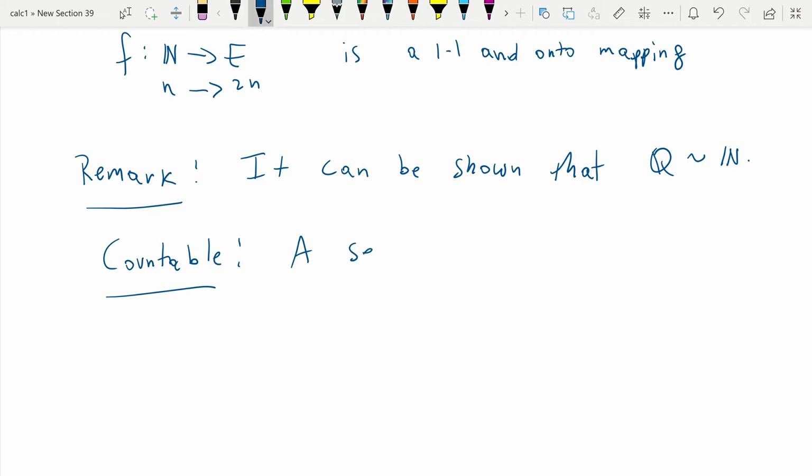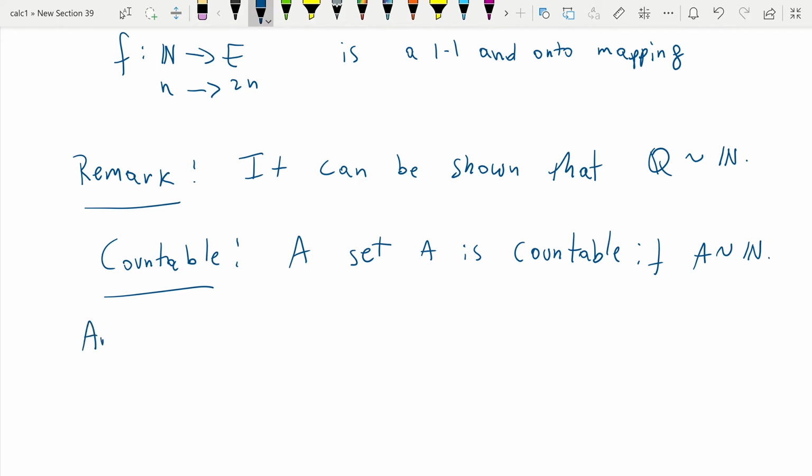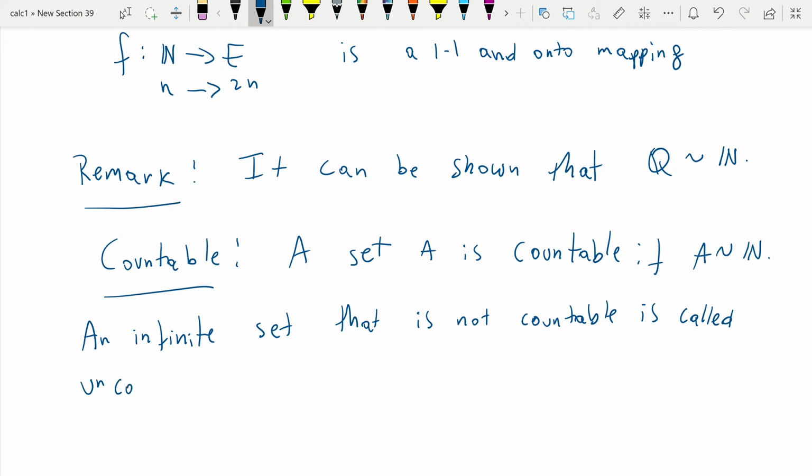The set A is said to be countable if the cardinality of A is the same as the cardinality of N. An infinite set that is not countable is called uncountable.